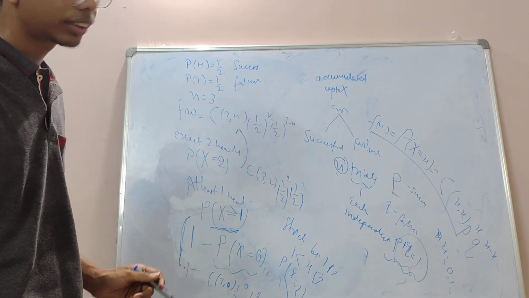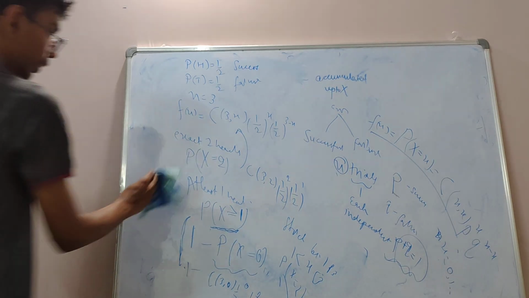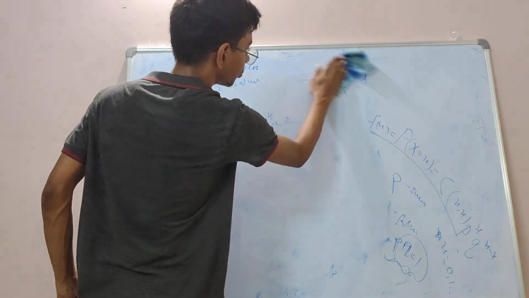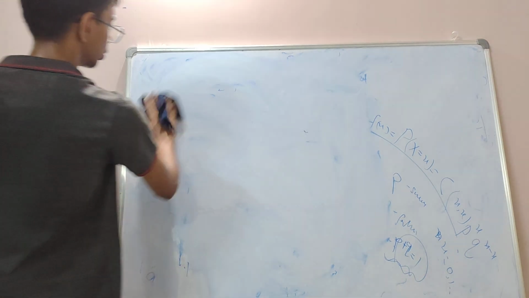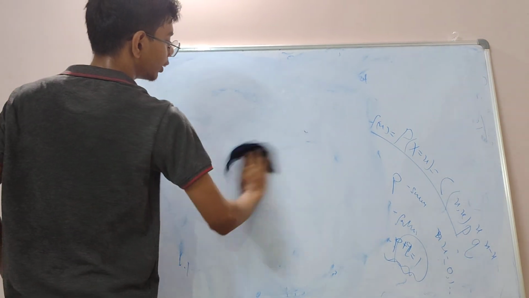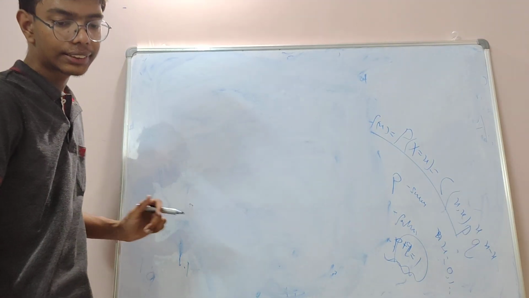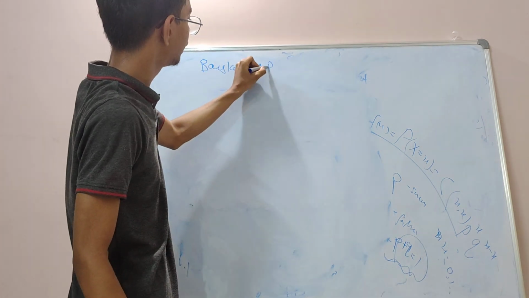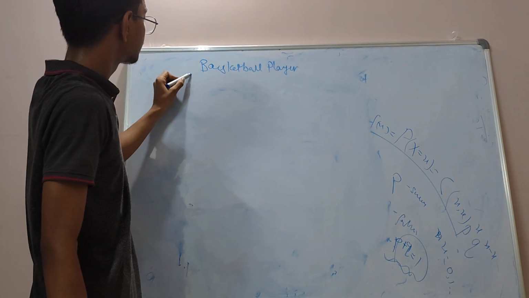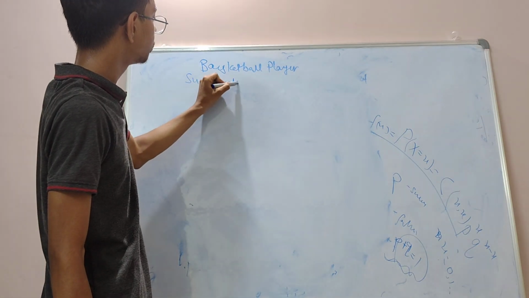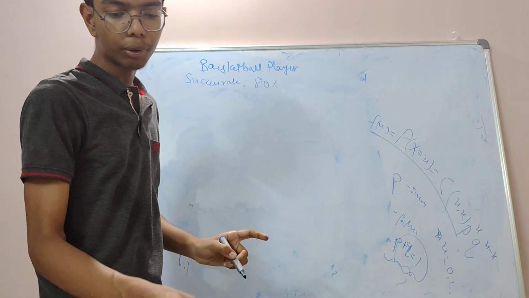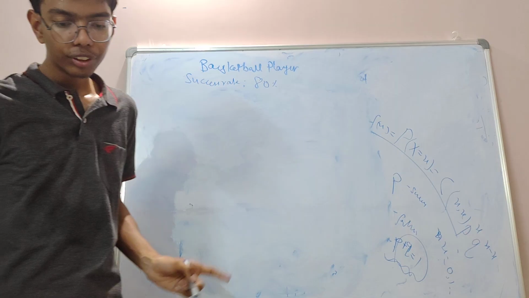Now the next question is, a basketball player makes 80% of free throws.